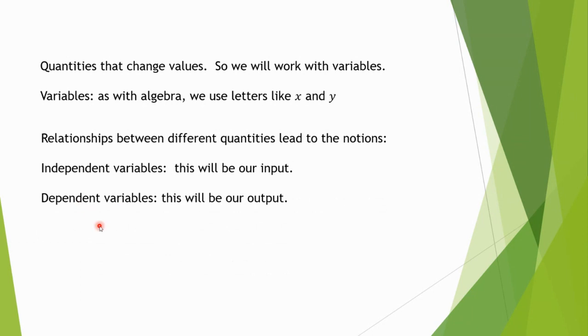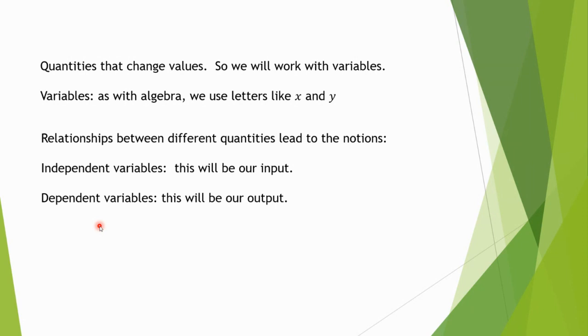And what's going to happen with these functions, as you'll see, if you haven't already, is that a function is going to take in input, and for each input, it's going to give an output. It turns out the variables that depend on something else, on the other quantity, will be the output. The other variable, the one that's being depended on, is the independent variable.